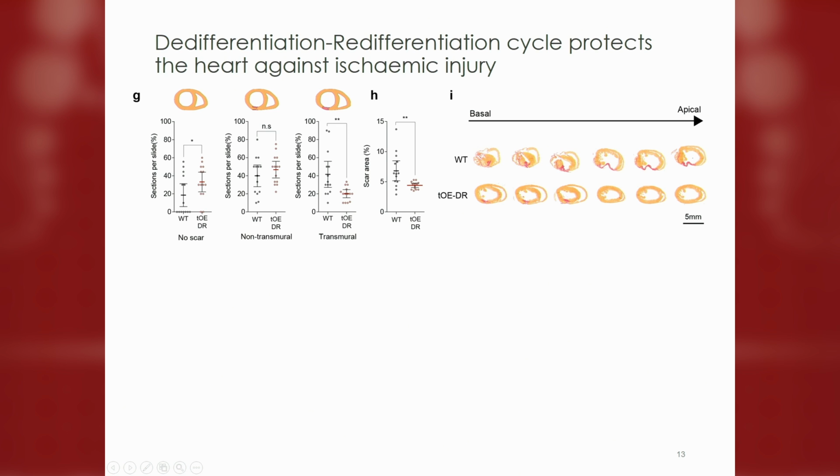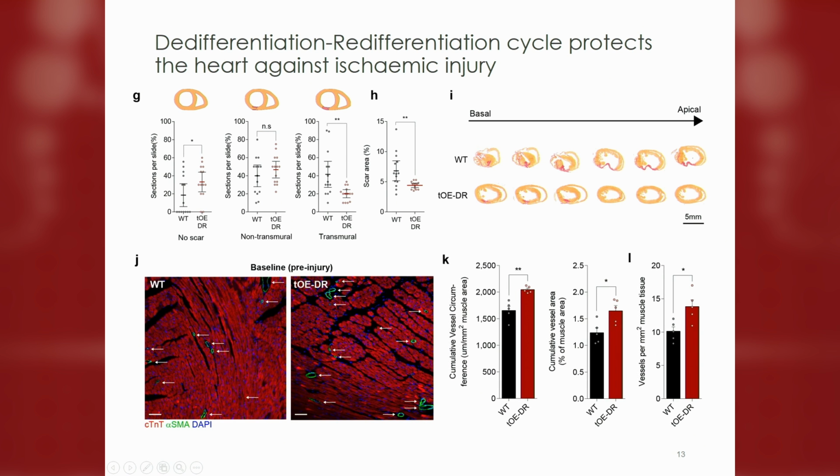So this dedifferentiation, redifferentiation cycle protects the heart against ischemic injury. One of the explanations that we find for that is that in these hearts, pre-injury, you can see that already in the D-diff, RE-diff cycle hearts, they have many more vessels in the heart. So this could explain why they're protected against ischemic injury.